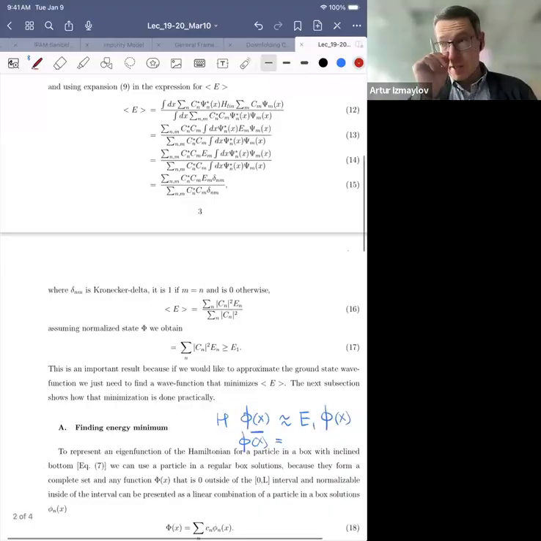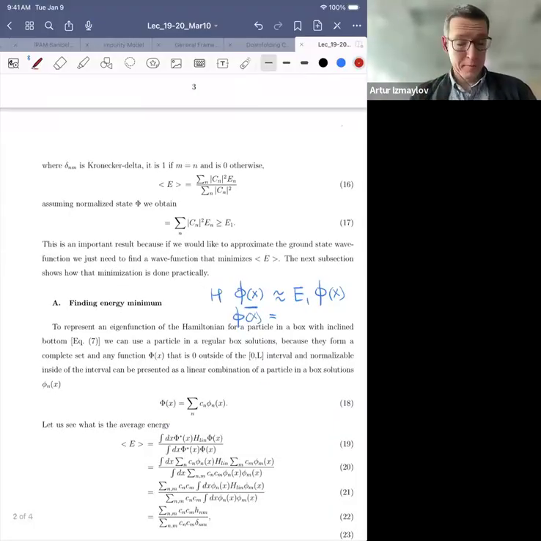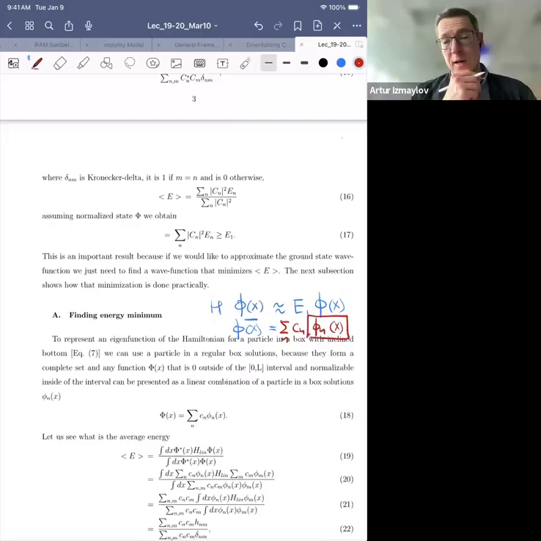Then it makes physical sense to look for the solution of this problem as a linear combination of solutions that come from the particle in the box. So these are solutions for the problem with a flat bottom, the same box size, the same infinite walls that we considered. We know these functions.